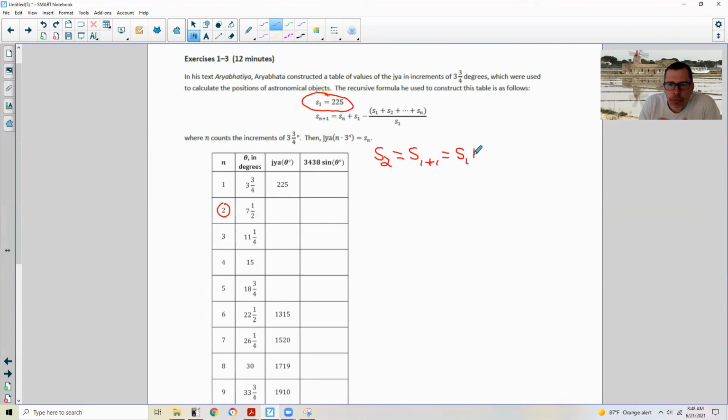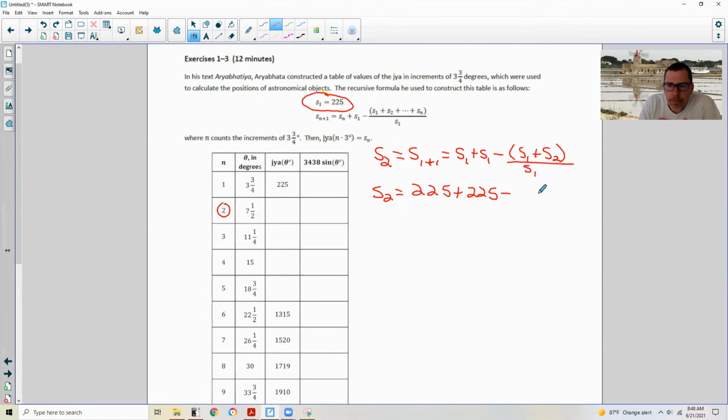S sub 1 plus S sub 1 minus, in parentheses, S sub 1 plus S sub 2 divided by S sub 1. So S sub 2 is going to equal, well, what is S sub 1? S sub 1 is 225. Plus S sub 1 again, 225.